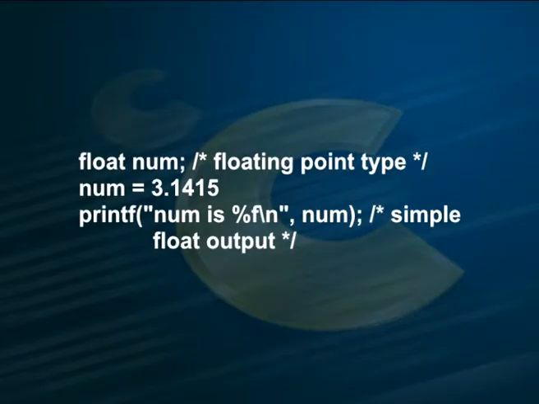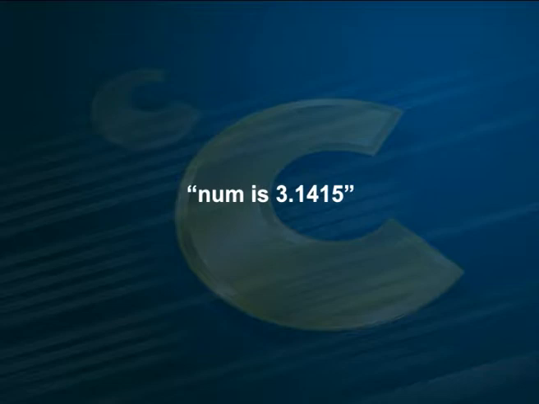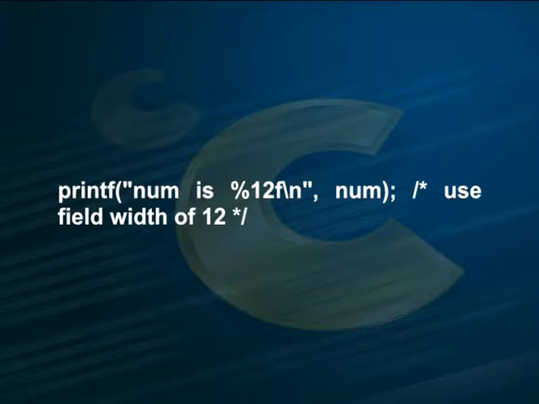Here are some more examples. float num = 3.1415; printf("num is %f\n", num); This prints num is 3.1415 on the computer screen. printf("num is %12f\n", num); Here the display uses a field width of 12 for the field num.